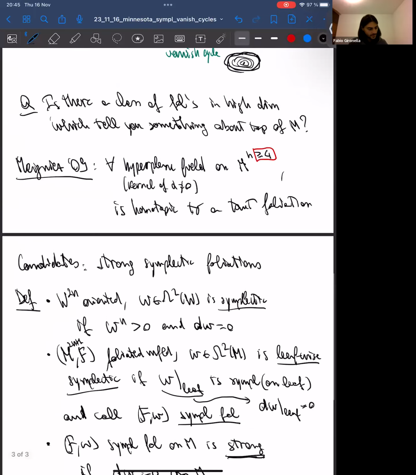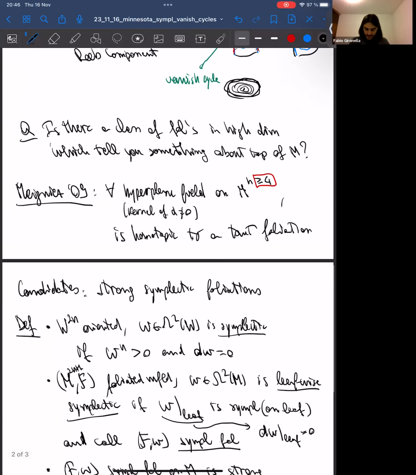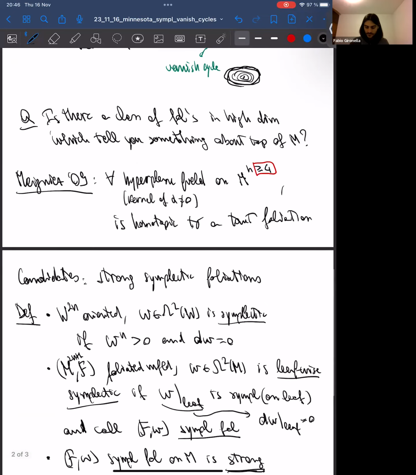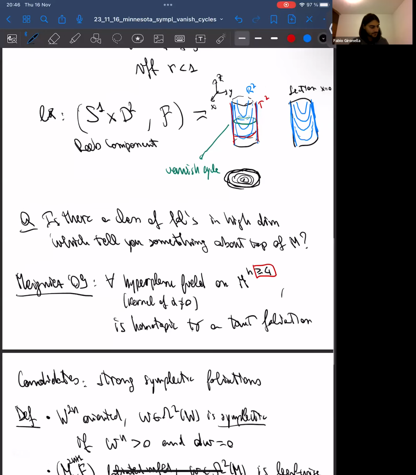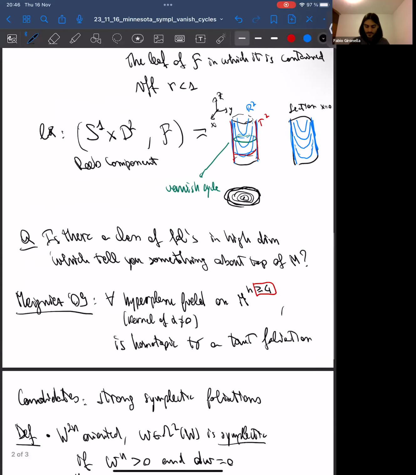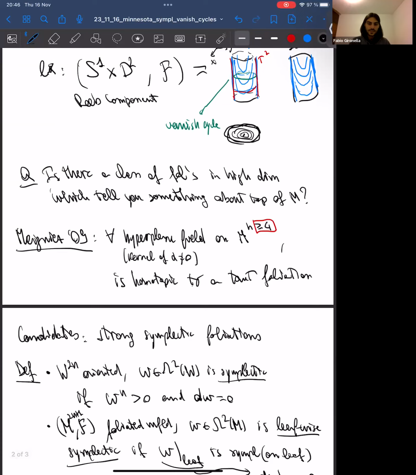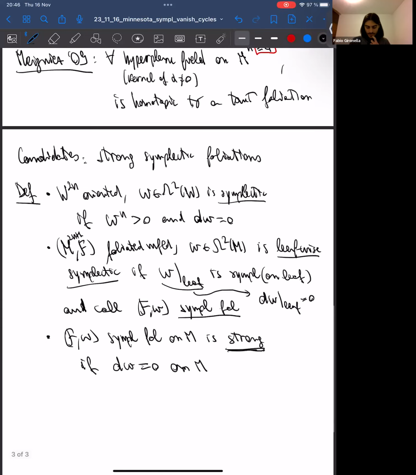Before explaining why these are the better candidates to look at when we are trying to find foliations which give some topological restriction on M, I also wanted to mention that these objects arise naturally not only from foliation theory, but also from contact geometry, where there's an open problem in high dimensions of finding approximation results of foliations by contact structures, and in that setting as well, symplectic foliations are the right candidates to look at.